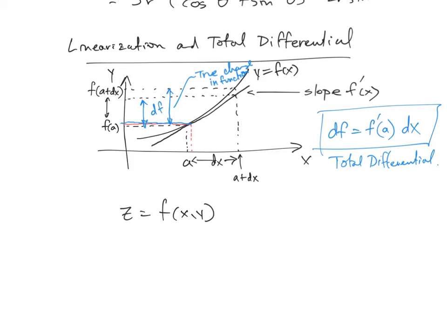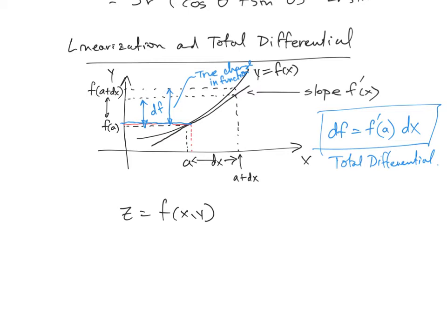How much does z change if I change x and y a little bit? Okay, that's what I'm interested in. Up here in 2 dimensions, I was interested in how much does y change if I change x a little bit? Well, now I've got a function of 2 variables, so I'm interested in how much does z change if x and y change a little bit? Okay, that's what we're interested in.